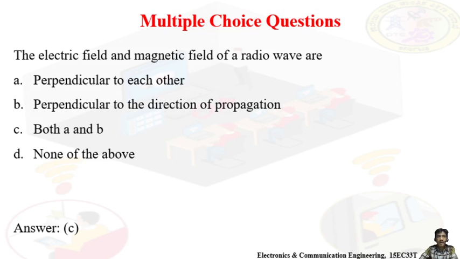The electric field and magnetic field should be perpendicular to each other, and the direction of propagation should also be perpendicular to these two fields. Therefore, both option A and option B are correct. The answer for this question is option C.